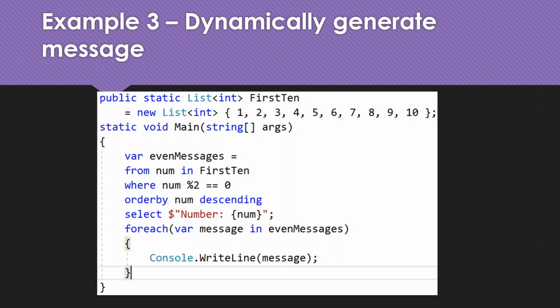So what you're doing here is instead of selecting the number, we are selecting some string that interpolates the number into some other literal. So here we're going to get a series of strings, and each string is going to be the number, colon, space, and then that number.